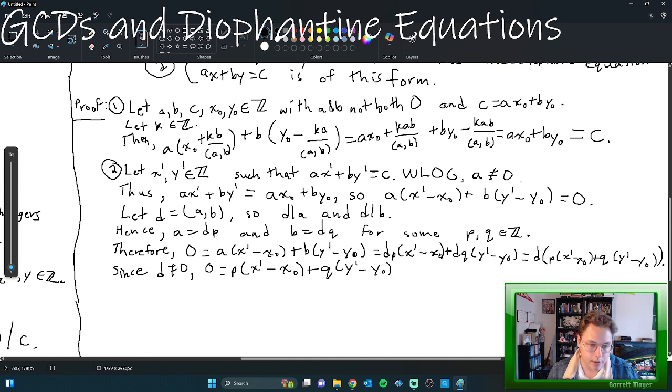And because of that, p(x' minus x0) equals negative q(y' minus y0), meaning p divides negative q(y' minus y0). So we know p divides q(y' minus y0).